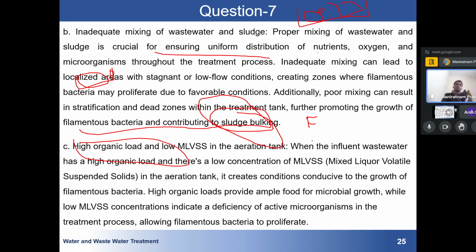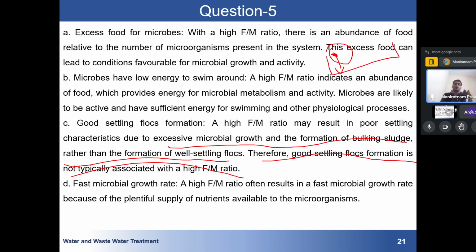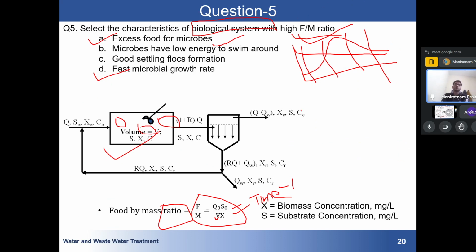This volatile part is our microbes. So that is M. Okay, so simply it is saying high food by mass ratio. And we have already seen the effect of high food by mass ratio.